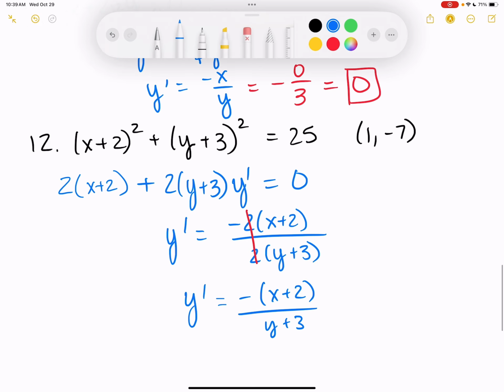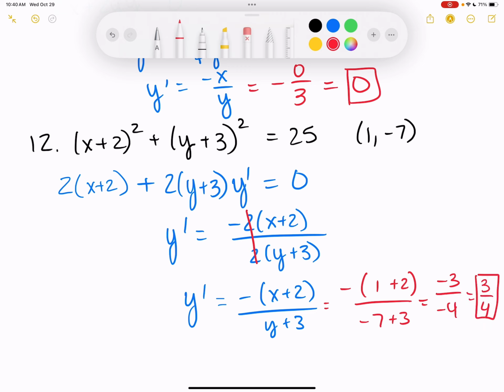And then I can plug in the numbers now. So I would have negative, and then negative 7 plus 2. Oh, nope, not negative 7. Numbers: 1 plus 2 over negative 7 plus 3. So I would end up with negative 3 over negative 4, which is just 3/4. So that would be my slope.